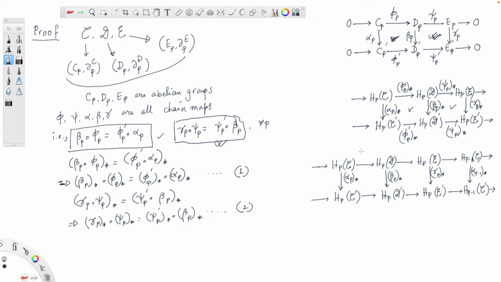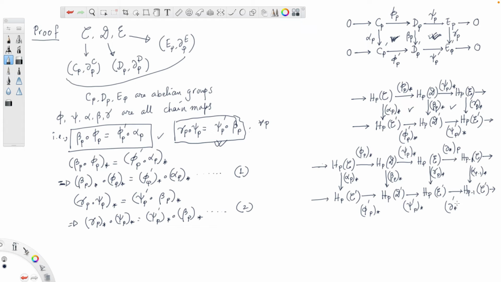Okay, these maps are phi p star, psi p star, and this is the homology boundary homomorphism, which is del star at p. This guy is phi prime p star, then we have psi prime p star, and then we have here del prime star at p.